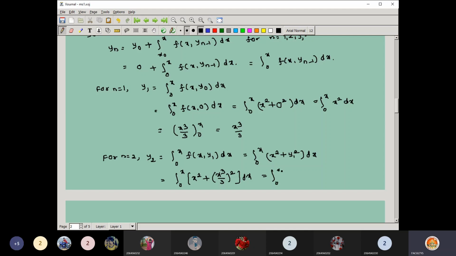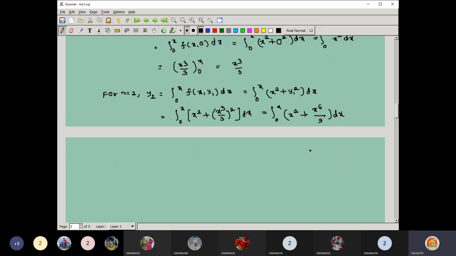So do the simplification from 0 to x: it becomes x squared plus its square, which is x to the power of 6 divided by 9, dx. Now you find the integration with respect to x. It is x cubed by 3 plus 1 by 9, which is a constant, times x to the power of 7 divided by 7.